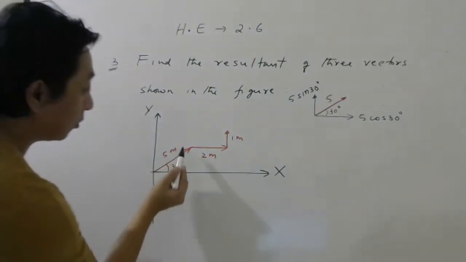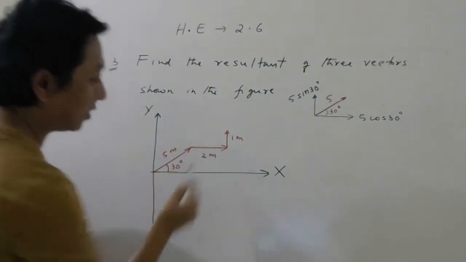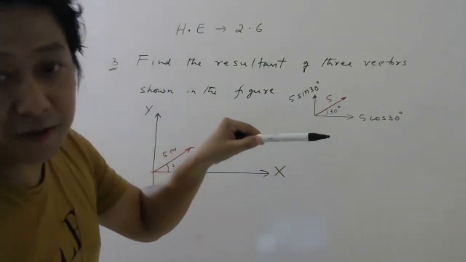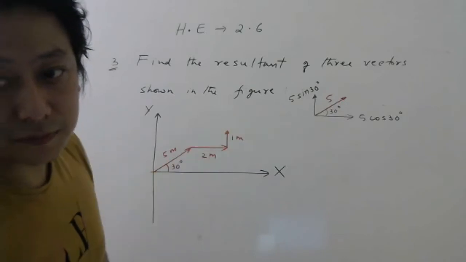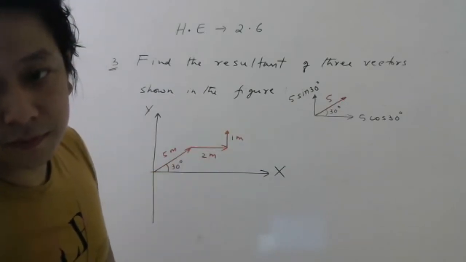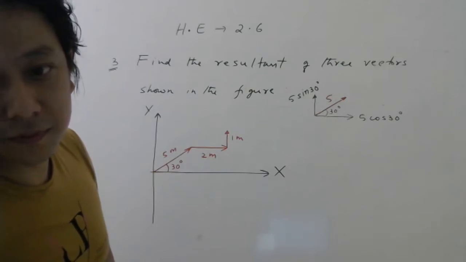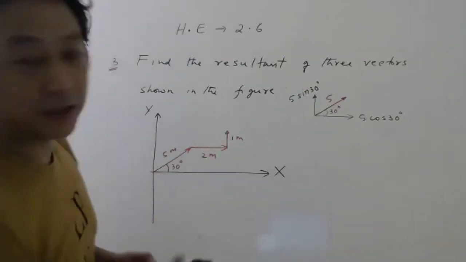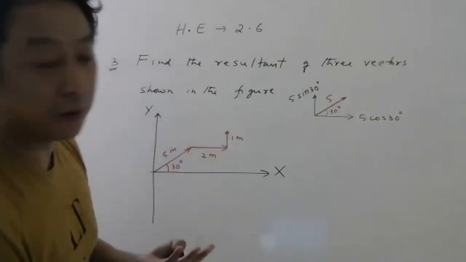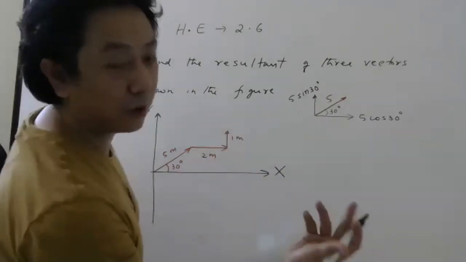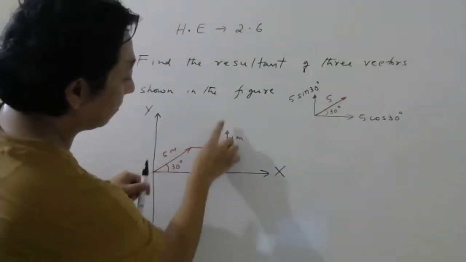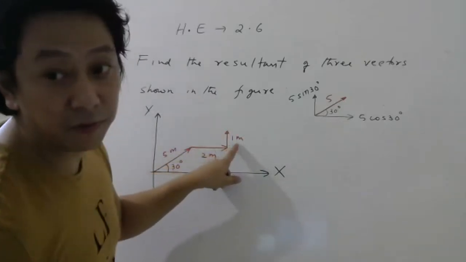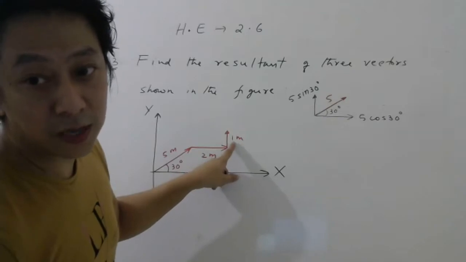Now look here. For this vector, 2 meter, do I need to take components? Yes or no? No. Why no? Because it is along the x-axis only. So this vector will have no y component. Similarly, this vector is parallel to the y-axis.